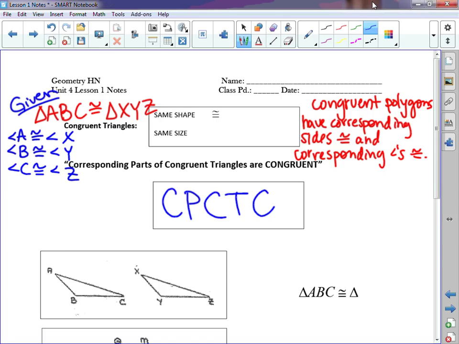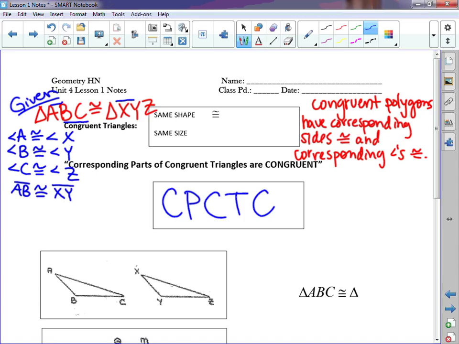From here, we also have our sides. Side AB, so segment AB, is congruent to segment XY, or side XY. The order in which this is listed is important, because your corresponding pieces have to go together.